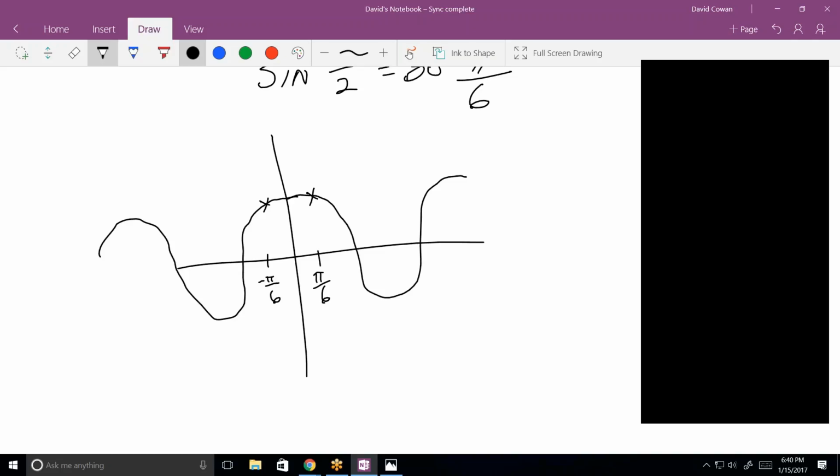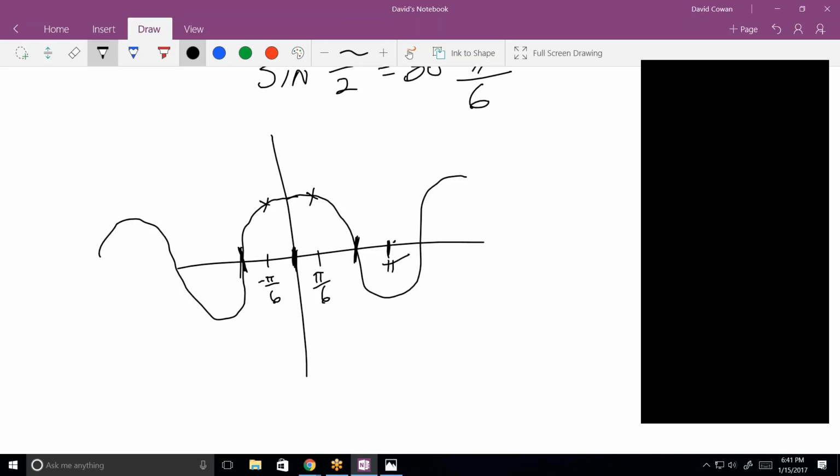And notice that if I were to restrict the domain between there and then try to find the inverse, it would not pass the vertical line test. So I can't restrict with cosine the domain from minus pi over 2 to pi over 2. So they've restricted it from 0 to pi.